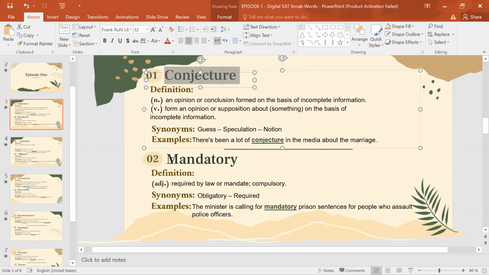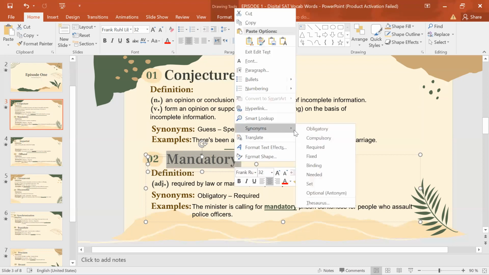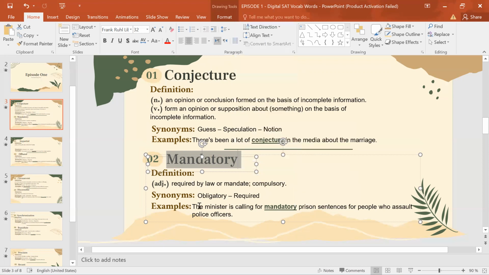Mandatory means obligatory, required, and you can see more synonyms here: compulsory, binding. And you can find an example online, or you can put it into your own simple words, in order to know that mandatory means obligatory, or required, or compulsory.